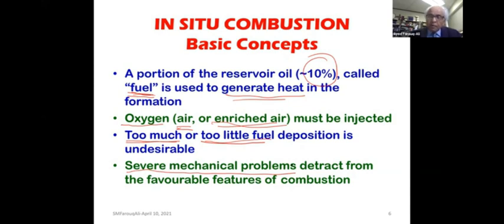So to give you a state of the art, right now there are how many in situ combustion projects in the world? 100? Exactly 2. There are maybe a couple of small ones, but the major projects, one is in Romania, Suplacu de Bacău, and one in India.